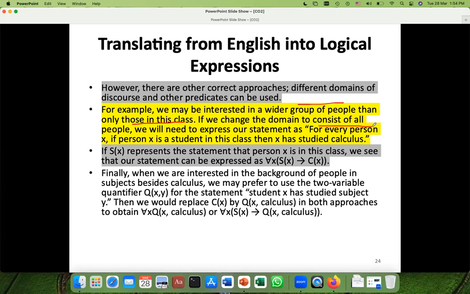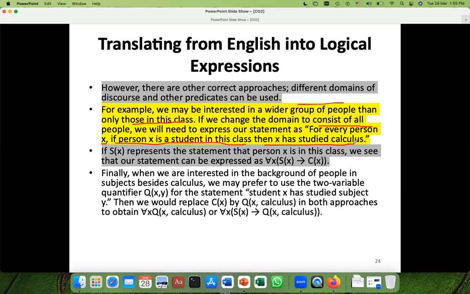For every person X in the world, if that person X is a student in the class, then X has studied calculus. So this is just a condition, that maybe in the class one student is thinking in this way.